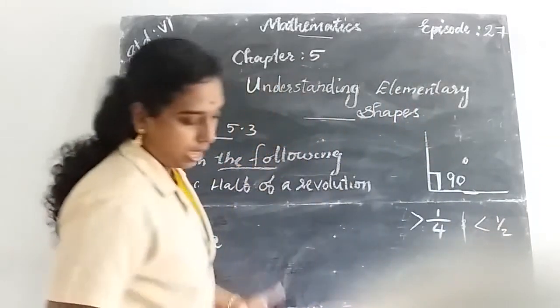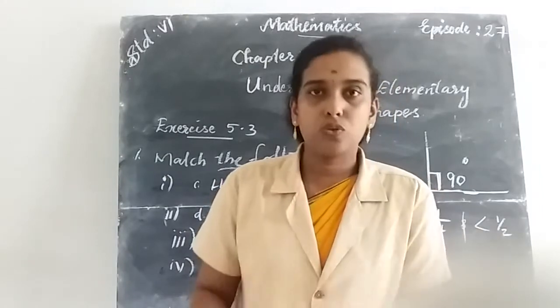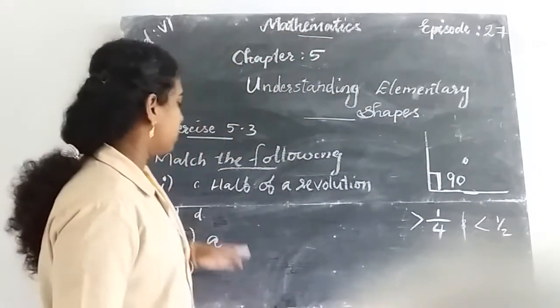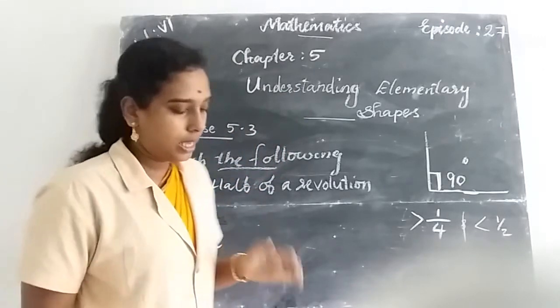That is called an obtuse angle. So an obtuse angle is between 1/4 and 1/2 of a revolution. Option E.